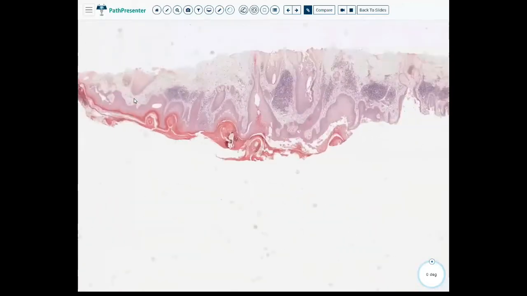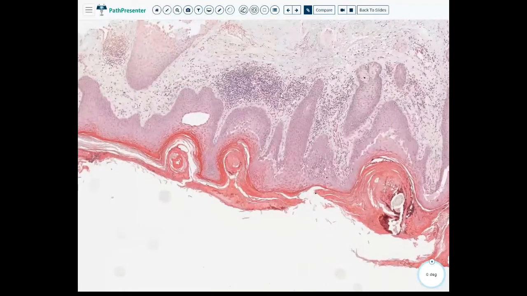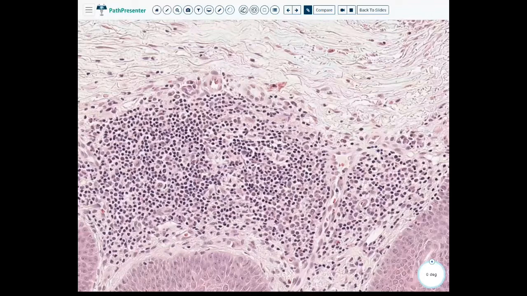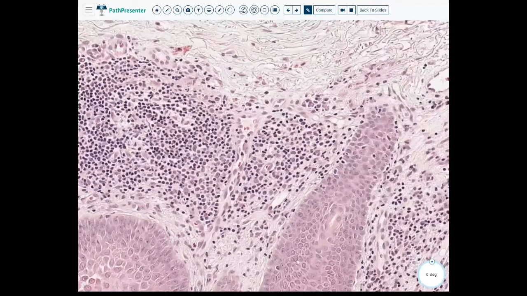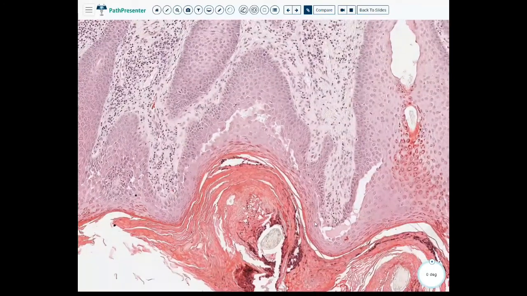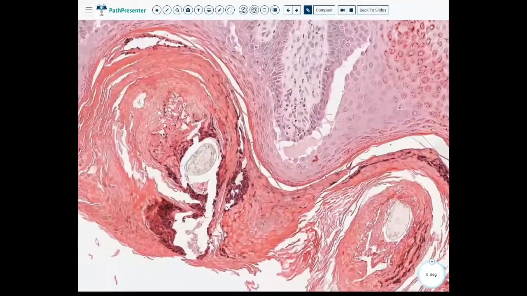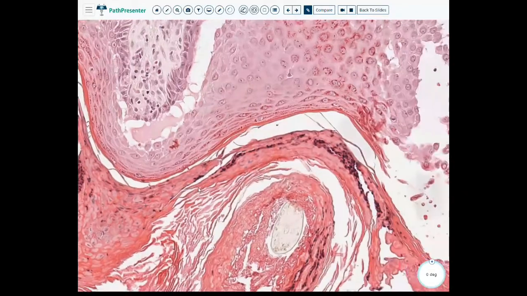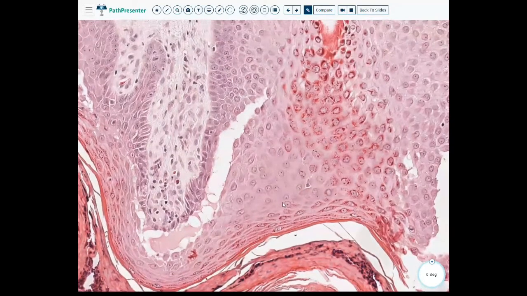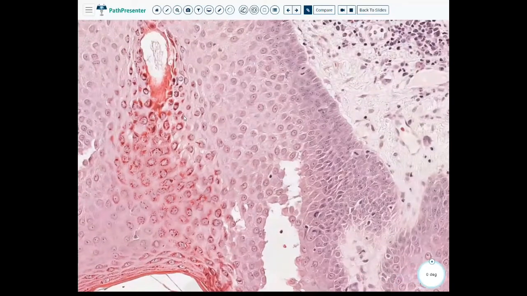Looks like we have some macrophages in there as well. There is some hyperkeratosis. And this is hair in here. So if anyone's wondering what this is, that's hair. And the granular layer on this case is a little more pink. It's more eosinophilic, so don't let that scare you.